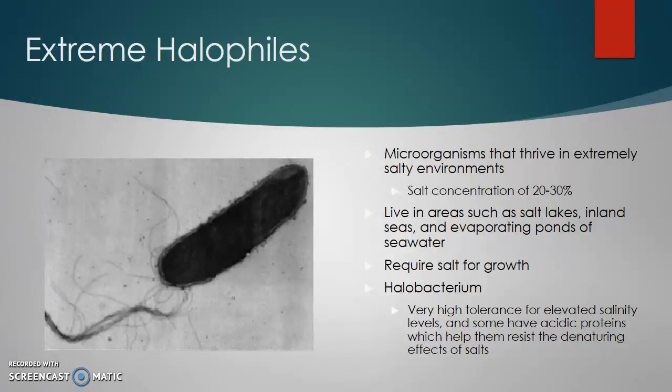They actually require salt for growth. The example I'm using is Halobacterium, which has a very high tolerance for elevated salinity levels, which basically means the salt concentration of the solution. They may actually produce acidic proteins that help them resist the salty conditions and keep them from being denatured.